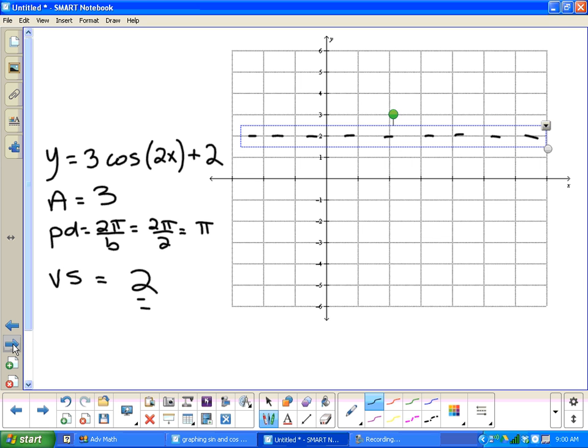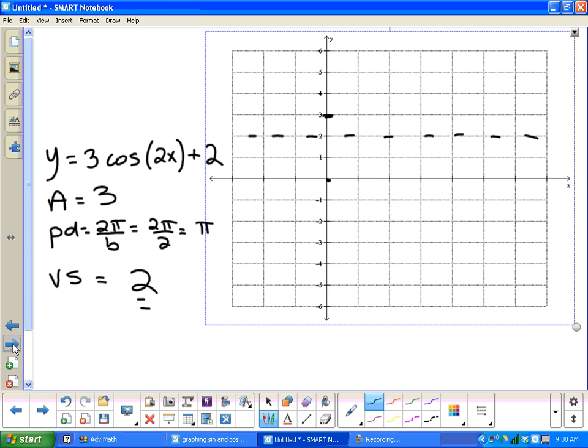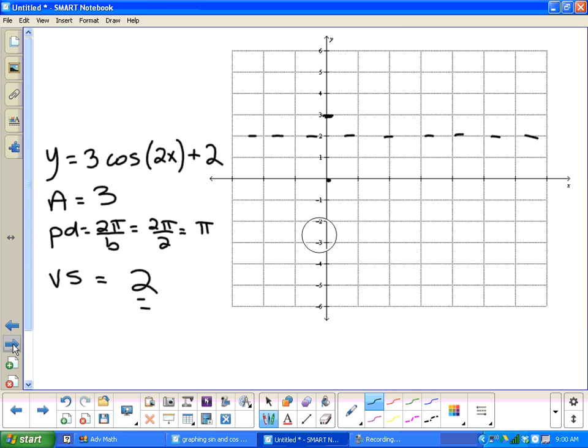So instead of starting at the origin and going up 3 and down 3, where are we going to start from? We're going to start at 2, and we're going to go up 3 and down 3. If I start at 2 right there and go up, y'all see where I'm getting 3 from, by the way, the amplitude?